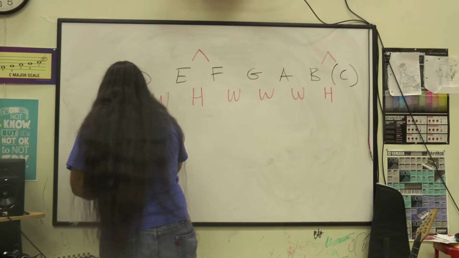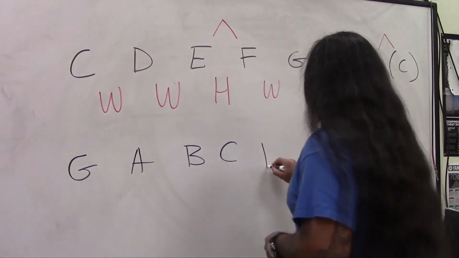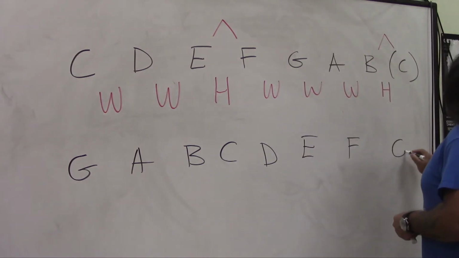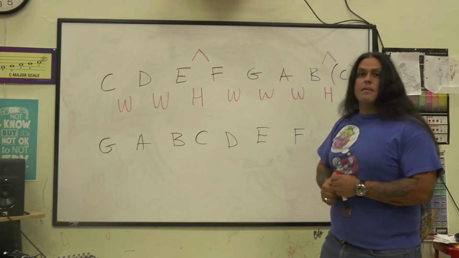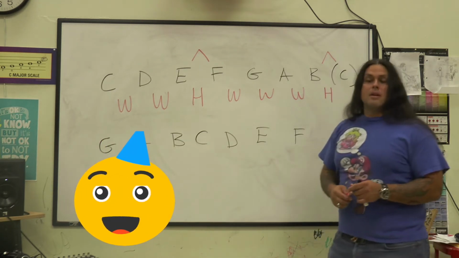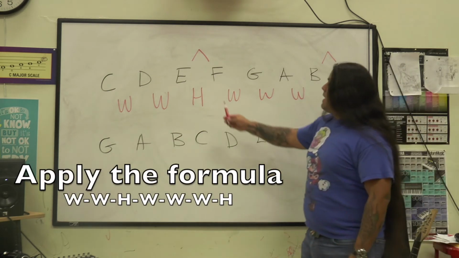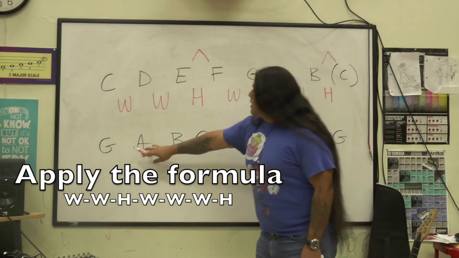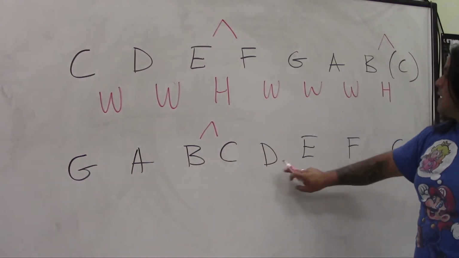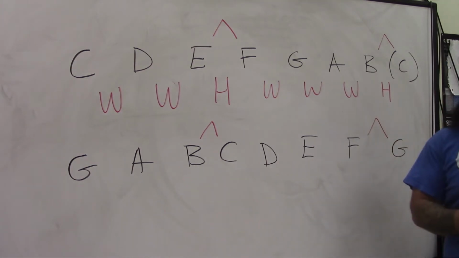G, A, B, C, D, E, F, and G. So we're already partway there. Now we just have to apply the formula, or we can check and make sure that we're okay. We can go ahead and add our half steps. 1, 2, 3. We know this has to be a half step. 4, 5, 6, 7. In between 7 and 8 has to be a half step.